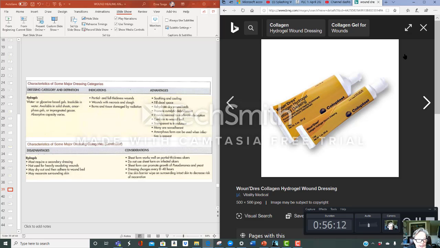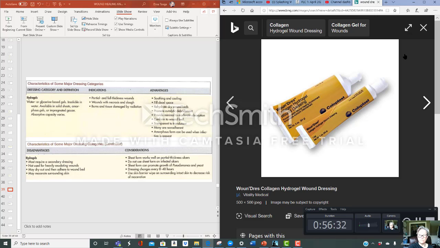In an amorphous form can be used when infection is present. Most require a secondary dressing, not used for heavy exudating wounds, may dry out and then adhere to wound bed, may macerate surrounding skin.